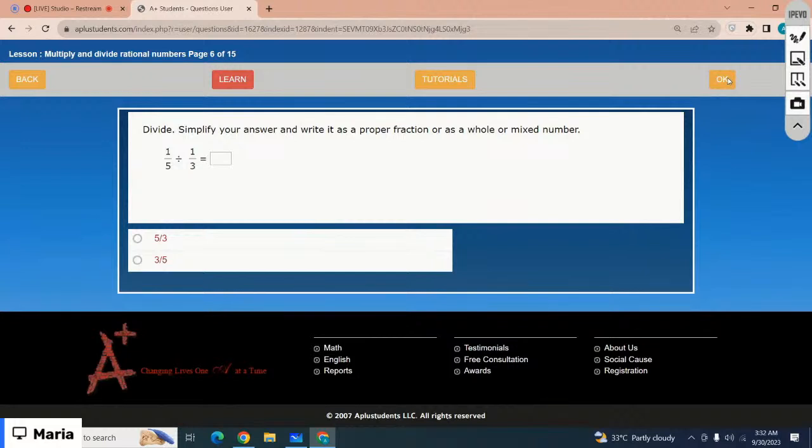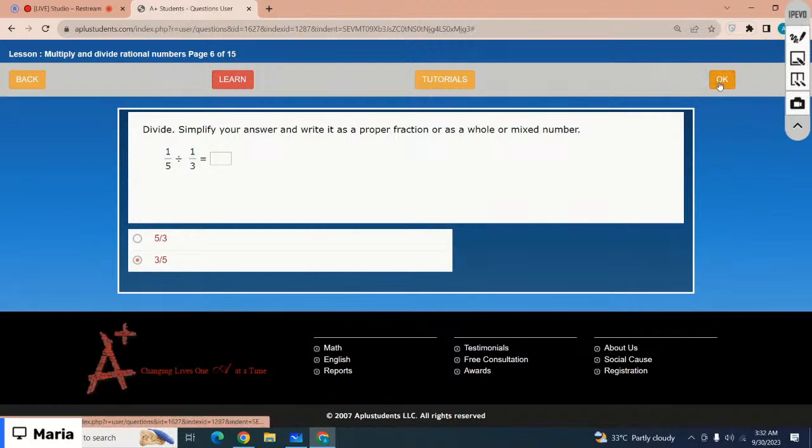Next: 1 over 5 divided by 1 over 3, which is the correct option? The correct option is 3 over 5, right?